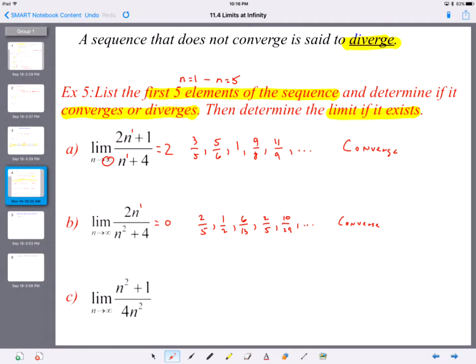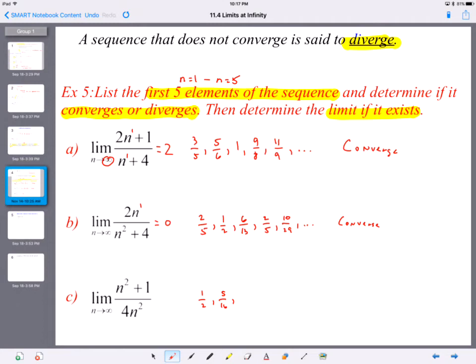And then the last one on C, once again starting at n equals 1, we plug in 1 and we get 1/2. 2 over 4 reduces to 1/2. On the next one, if we plug in 2, we're going to get 5/16, it looks like.